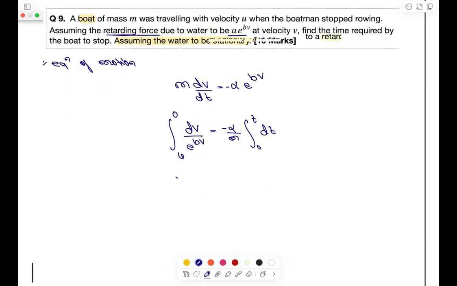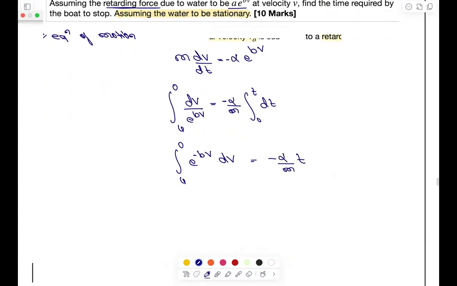Or if you're not comfortable with this, write like this. I have seen people are not comfortable with this notation, but I think this is fine. So minus alpha by m into t. So this will be e to the power minus bv. I am going extremely slow and as basic as I can. Alpha t, sorry, minus b also.